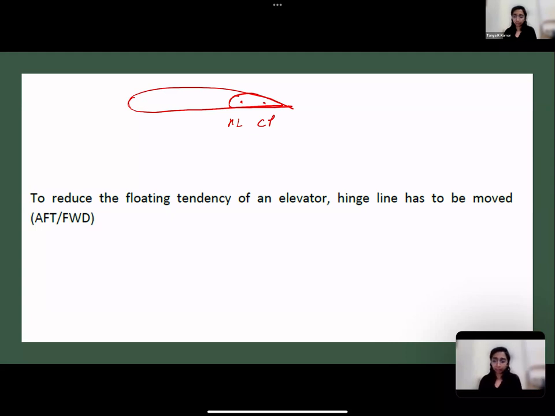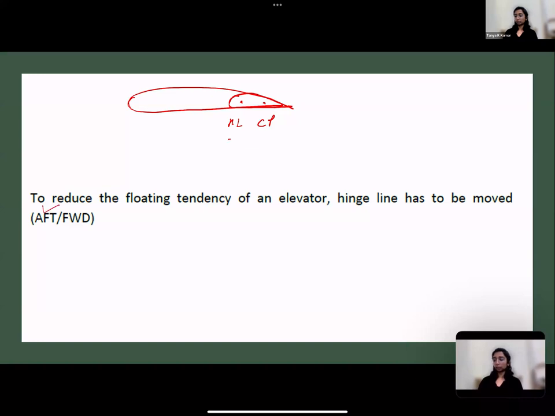Think about it, take a minute. Backward. Okay, can you just tell me if it's towards CP or away from CP? Towards CP, exactly. So it's aft, okay?